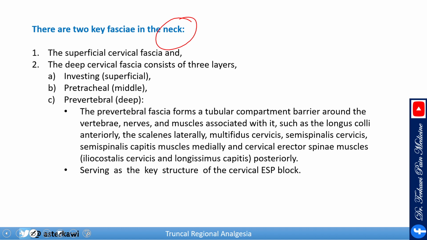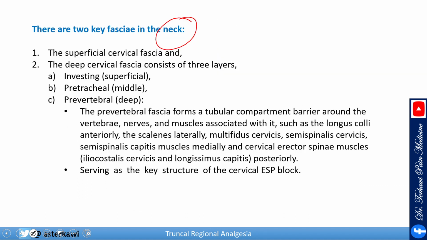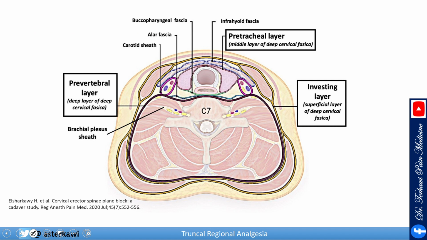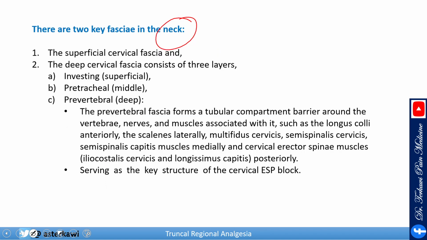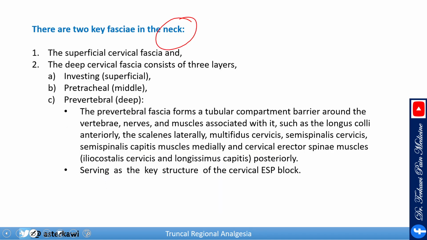The prevertebral fascia forms the tubular compartment that contains a lot of muscles and innervation, as you see here. So you have superficial cervical fascia, and underneath that you have the deep cervical fascia, which gives you 3 layers.